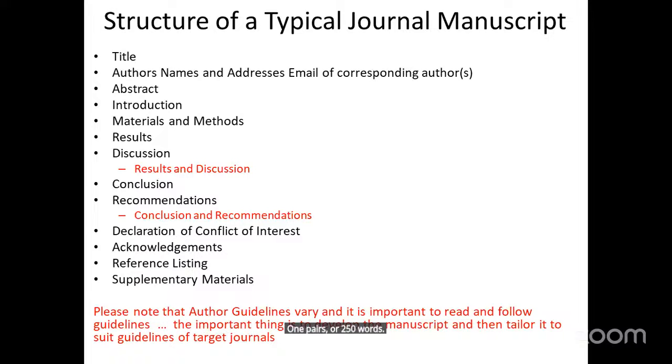If you had 1 page that you had written and they need 250 words, then you now summarize. If they are saying that the abstract should have sections in it, there are those papers which say abstract background, 1 statement. Materials and methods, 1 sentence. Results, 3 sentences, and so on and so forth.